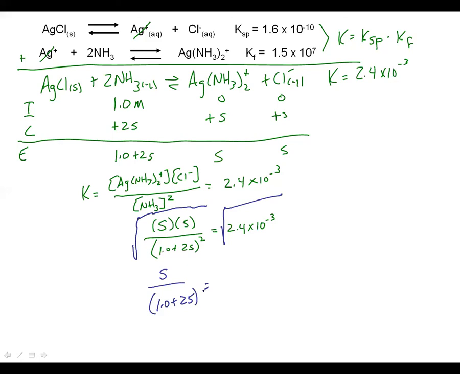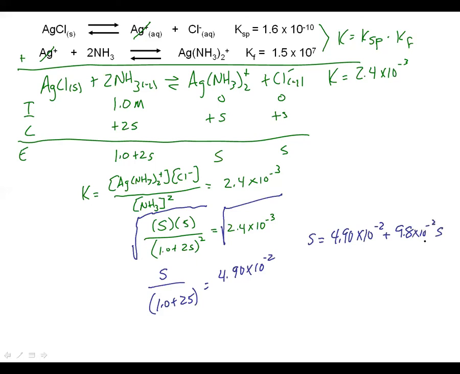And that's going to give us 4.90 times 10 to the minus 2. We're going to multiply the bottom to the other side. And if we do, we get S is equal to 4.9 times 10 to the minus 2 plus 9.8 times 10 to the minus 2S.